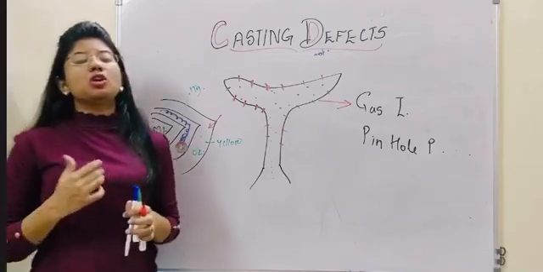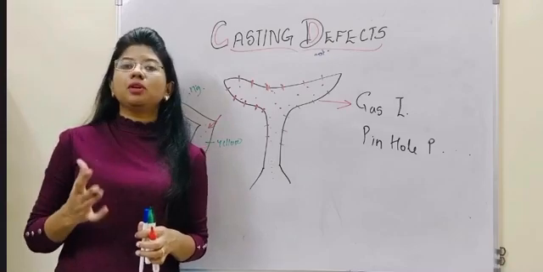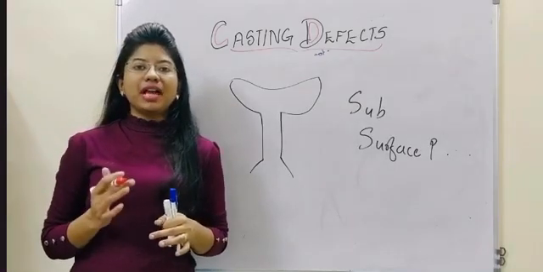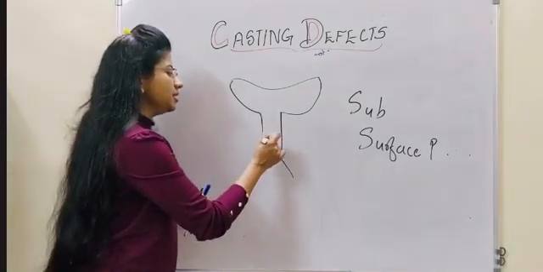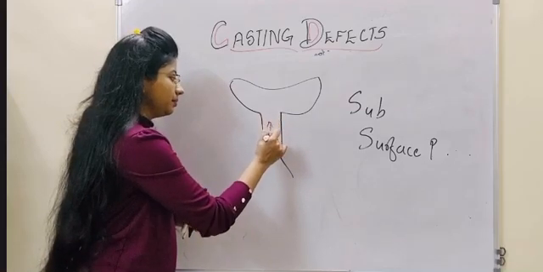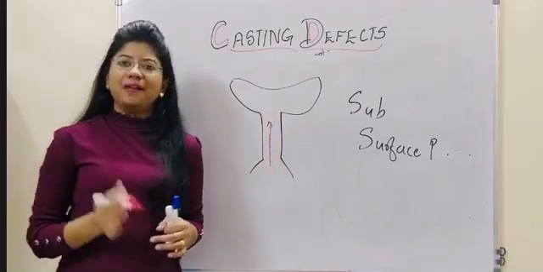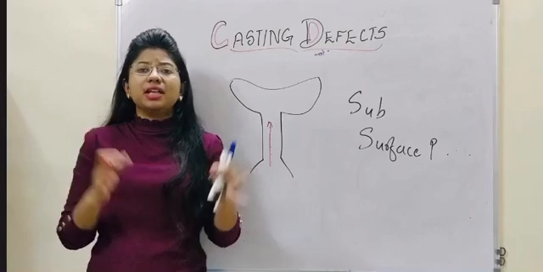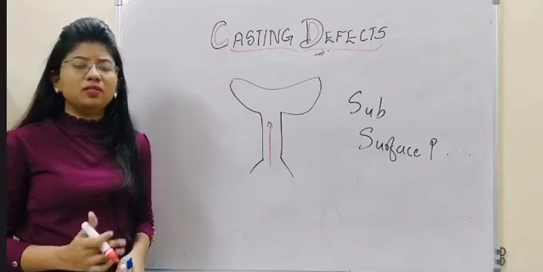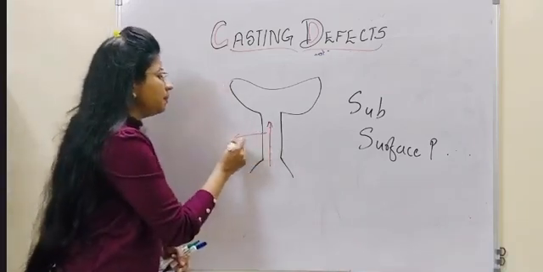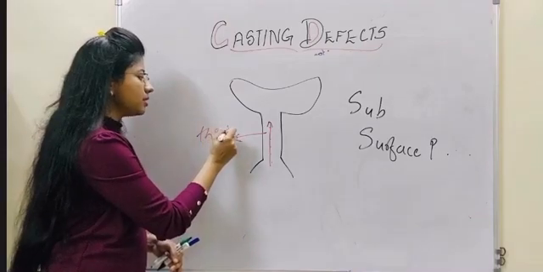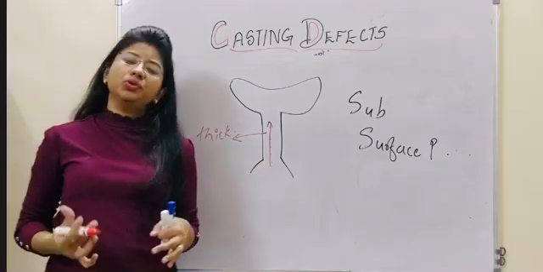Then the next porosity is the subsurface porosity. What happens? The molten alloy enters with the gases inside, but it enters very fast. The molten alloy has a turbulent flow. Why the turbulent flow? Because the diameter of the sprue was thick and it was very close to the wax pattern.